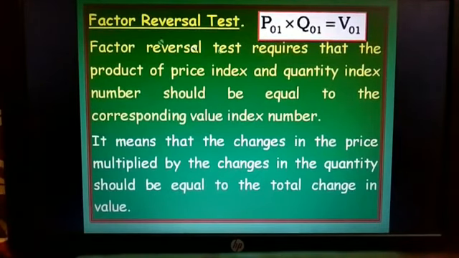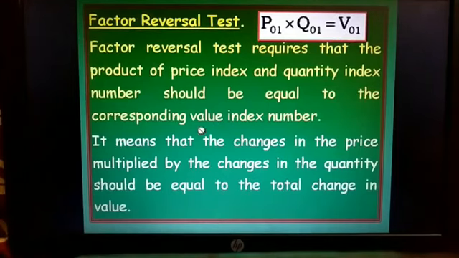Similarly, quantity index number is the change observed in quantity level in current year as compared to base year. So that's why, in other words, it has been said that the changes in price multiplied by changes in quantity. Here price index number is nothing but change in price. Quantity index number is nothing but quantity changes, which results in the corresponding change in value, change in value in current year as compared to base year.